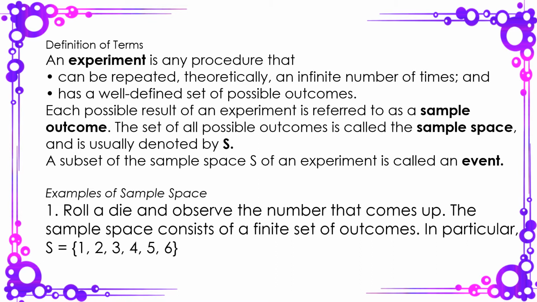So as you can see here, if we are going to roll a die, the possible outcomes, or the sample space, we can have here 1, 2, 3, 4, 5, and 6.